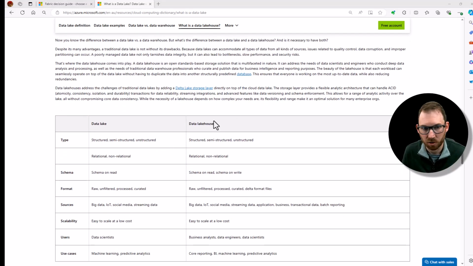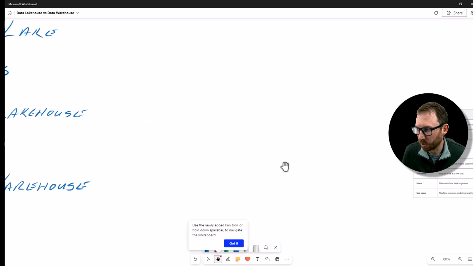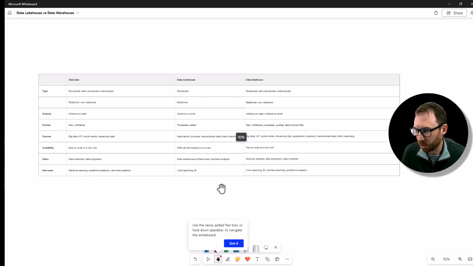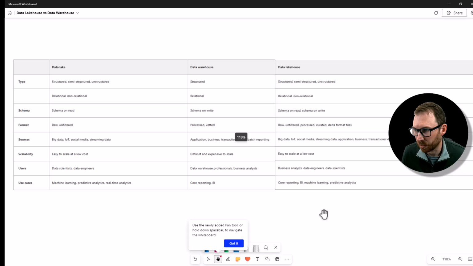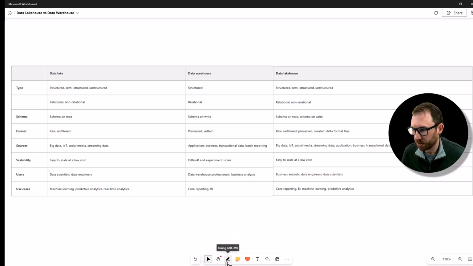So I thought what I would do for the purposes of the video is show you these. I put a little composite side by side, hopefully that's legible on the screen, around the differences between these items.